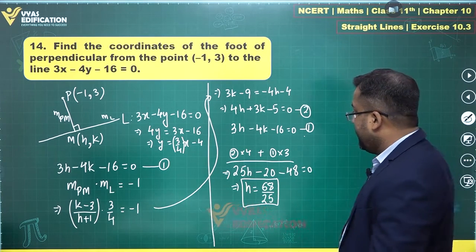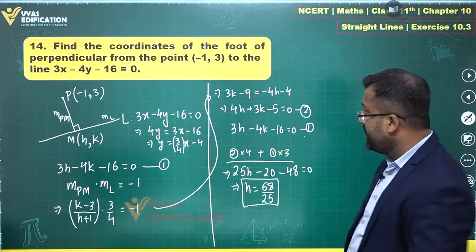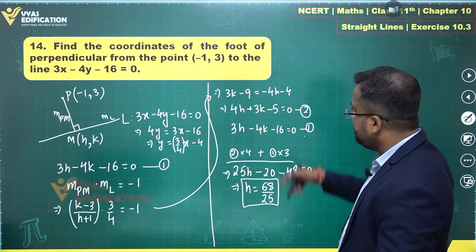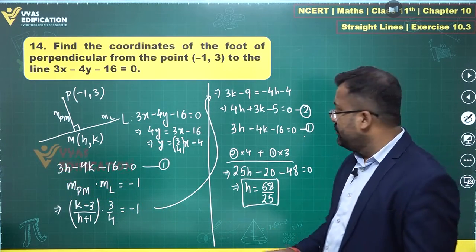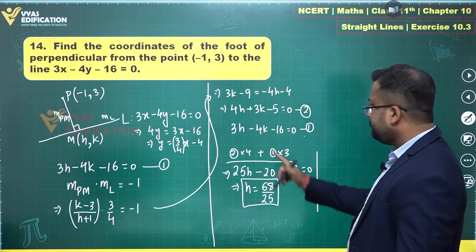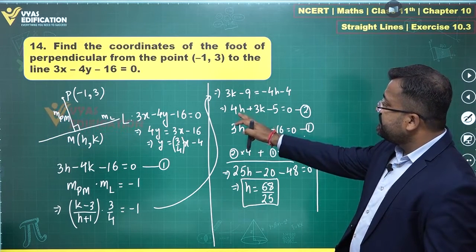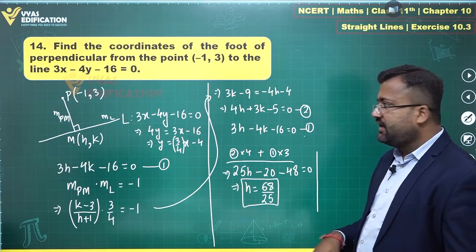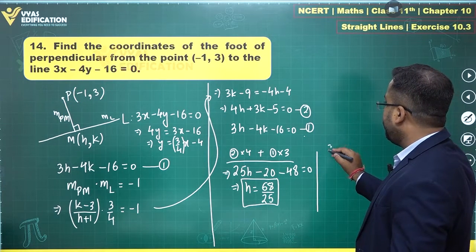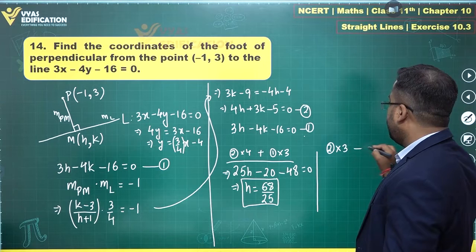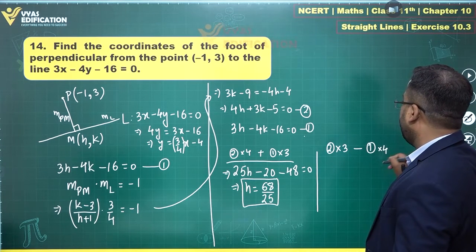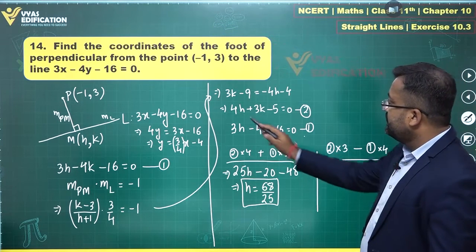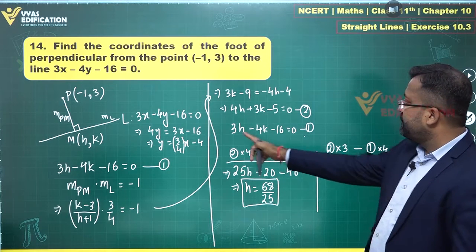H is equal to 68 upon 25. What's the value of k? K can also be found using any of these equations, or for that matter we can use a similar idea here. That is, we can multiply this by 3, we can multiply this by 4 and subtract. So multiply equation 2 by 3 and subtract equation 1 multiplied by 4. This times 3 is 12h and this times 4 is also 12h.